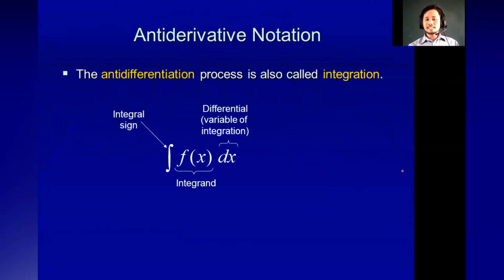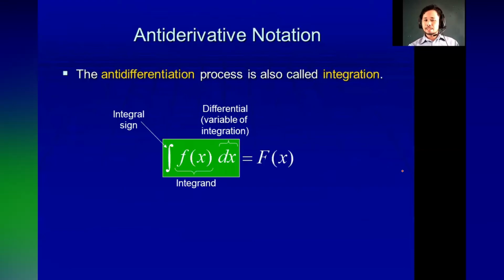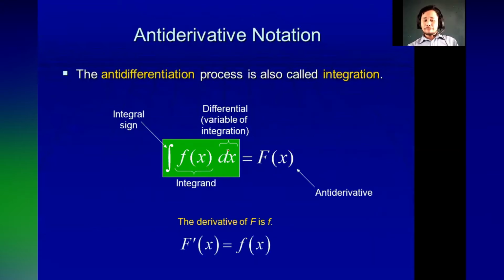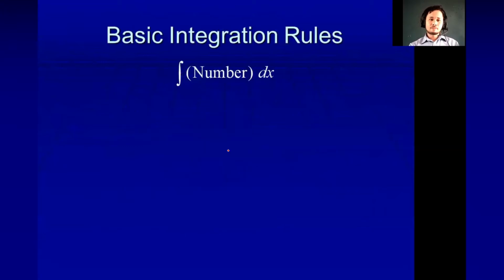Your dx is the differential or the variable of integration. The answer is uppercase F of x, the antiderivative of the function f of x. If we get the derivative of this, it will give us f of x. So F prime of x is equal to small letter f of x.